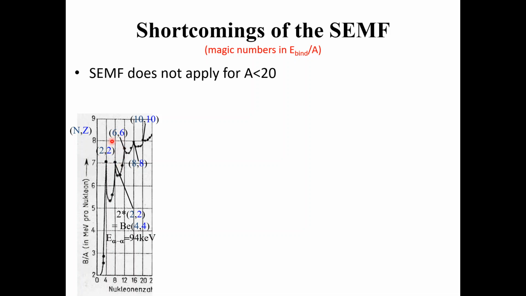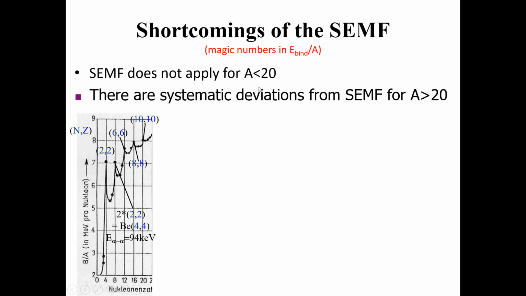But in spite of that, you can see that the semi-empirical mass formula does not apply for atomic mass greater than 20. So this is one of the shortcomings of the semi-empirical mass formula.